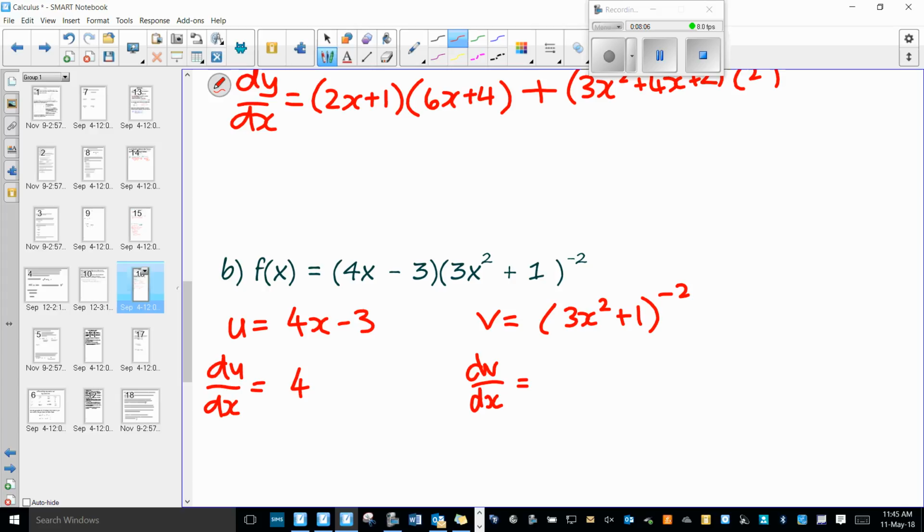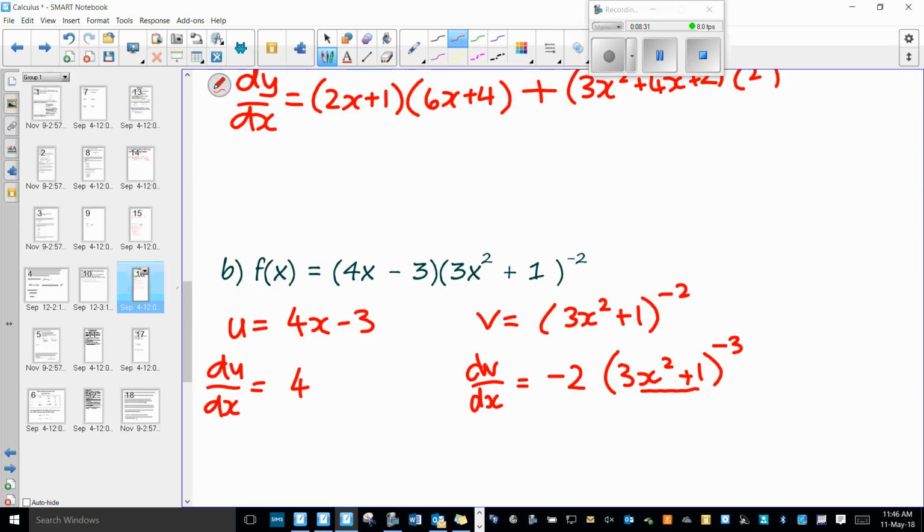So as Cameron says, we're going to bring the power in front. We're going to leave the bracket as it is. We're going to take 1 off the power. And then what do we need to do? Multiply by the derivative of what's inside the bracket.